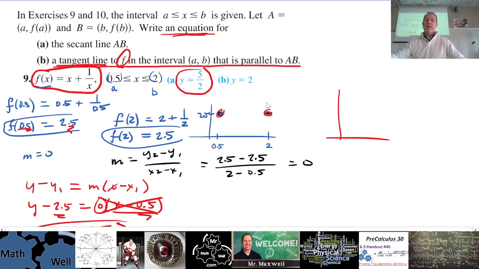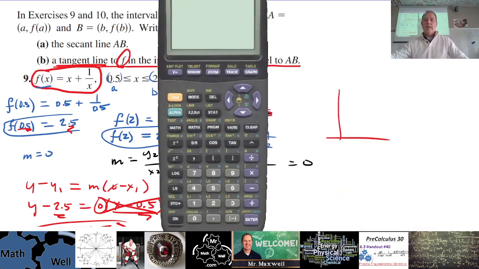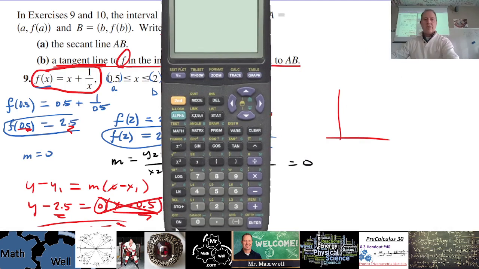Now, if you want to use a calculator to find out what your graph looks like, that's fine. So if we graph f of x, we go to y equals, clear that, and enter x plus, bracket 1 divided by x.